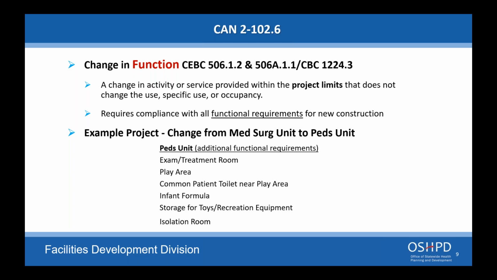These may be 2 or 3 pages, not these huge functional programs that we see a lot of. Really, it's just what's needed to get the approval of the project and to understand what the project's doing. And if it's very clear you're remodeling a soiled utility into a soiled utility and just moving things around, you probably don't need one.